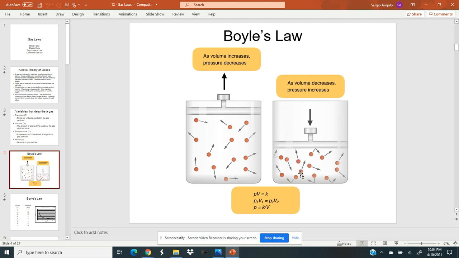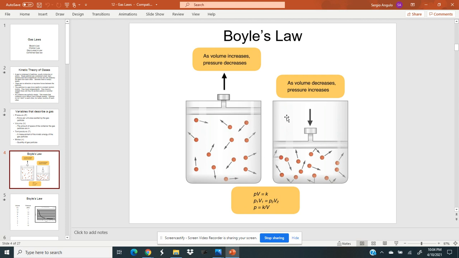We can measure that. Basically what Boyle's law is saying is that if volume decreases, pressure increases, because the same number of particles are in here. And this, by the way, is happening at constant temperature. We don't change the temperature, and we'll talk about why temperature is important in the next gas law.